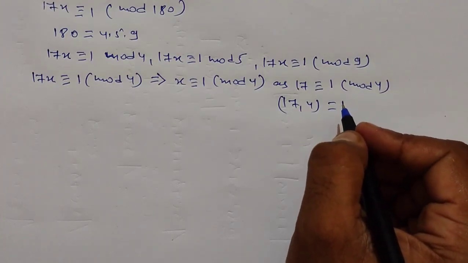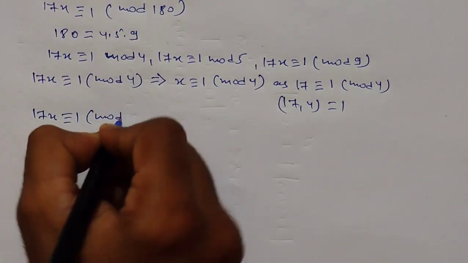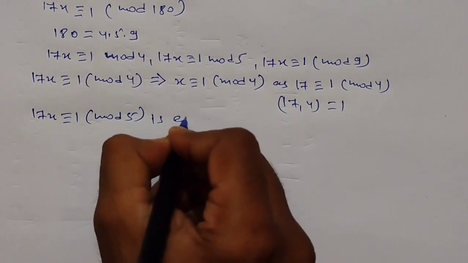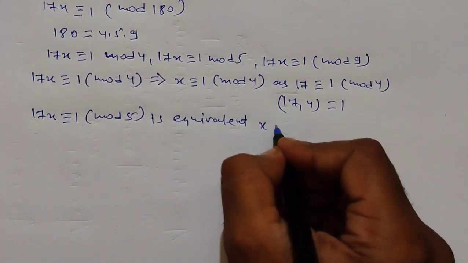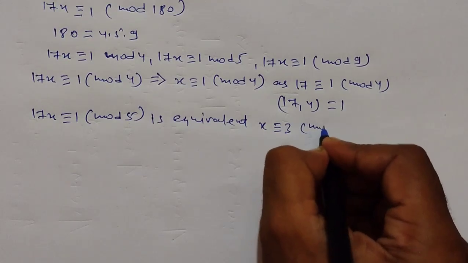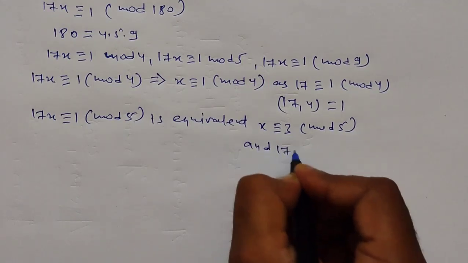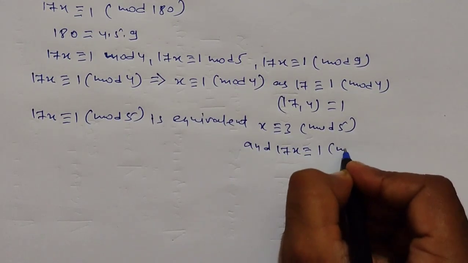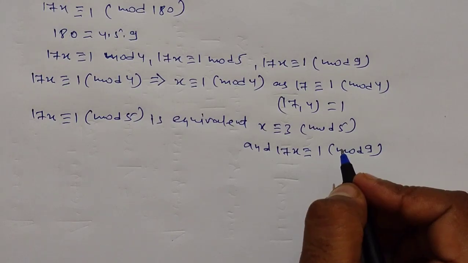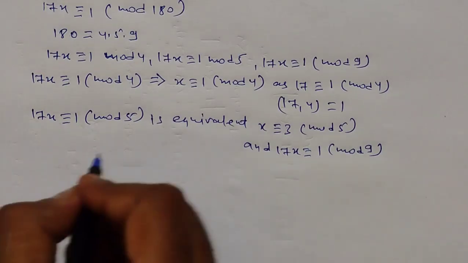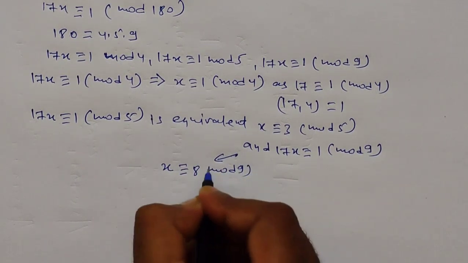Similarly, 17x congruent to 1 mod 5 is equivalent to x congruent to 3 modulo 5, and also 17x congruent to 1 modulo 9 is equivalent to x congruent to 8 mod 9.